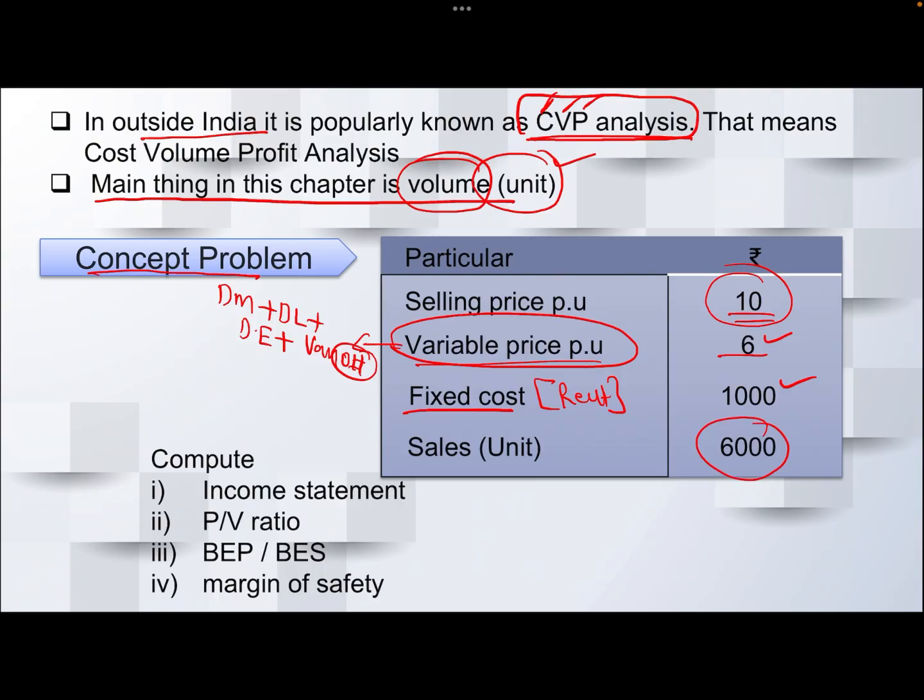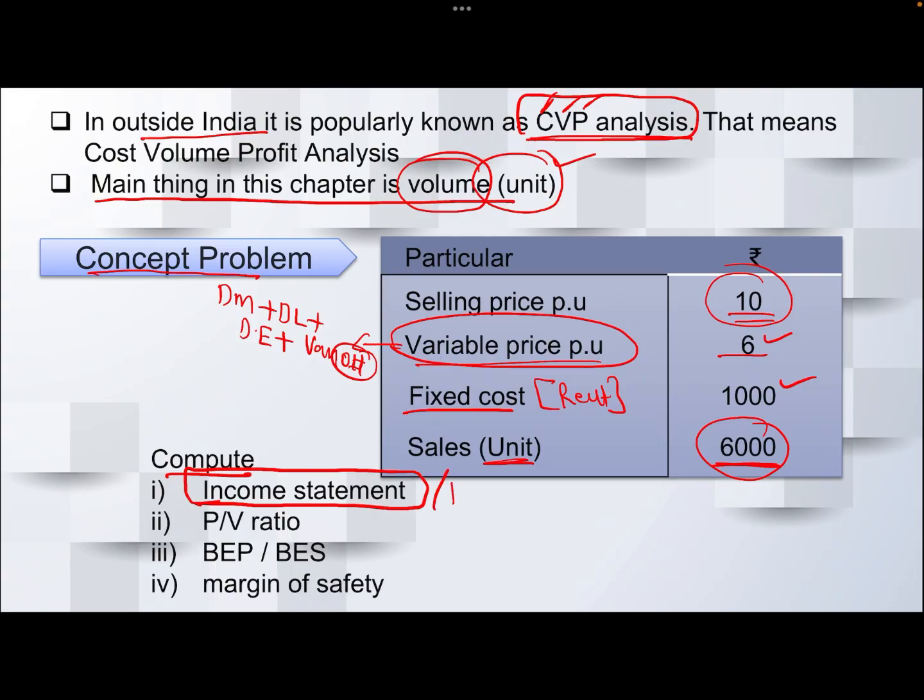How did we get this? Sales units total 6000. So now we are going to produce 6000 pens. From this, they asked to compute the income statement. Do you know what an income statement is? Have you studied it? Yes.